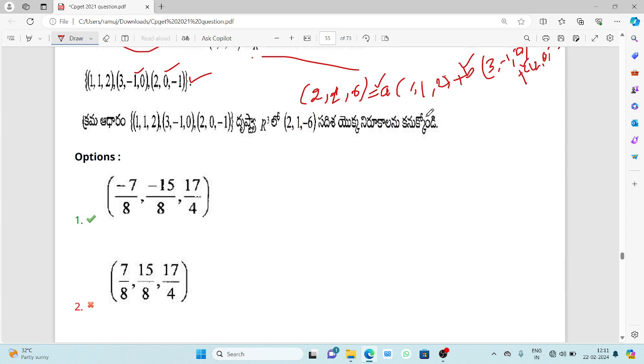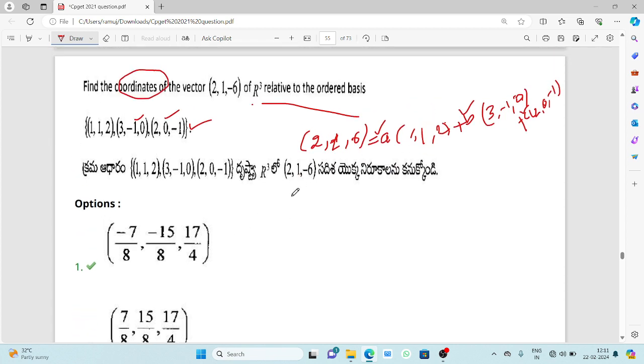So you can use two methods. Either substitute the A, B, C values directly by verifying the options, or solve the three equations. If you multiply A to this one, B to this one and C to this one, you get three equations.